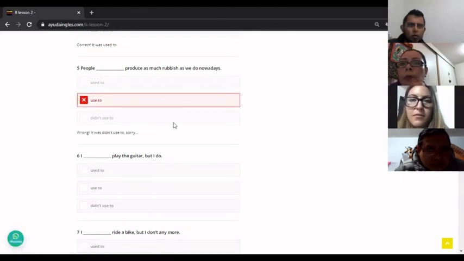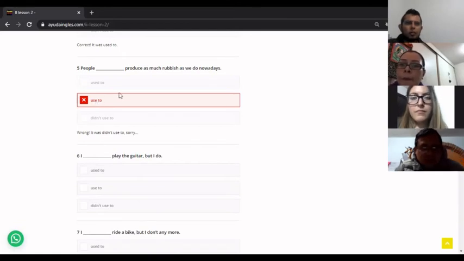Second one, no. We cannot use this one because we don't have auxiliaries. So use, like in present without the D, we use it only if it's a negative or a question, when we have the auxiliary did. So in this case, this is not possible.